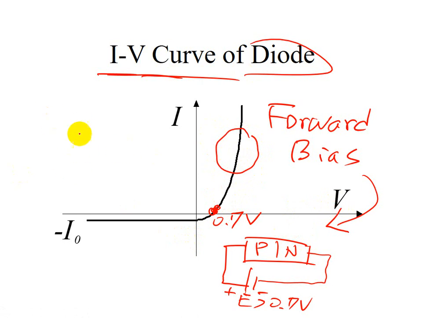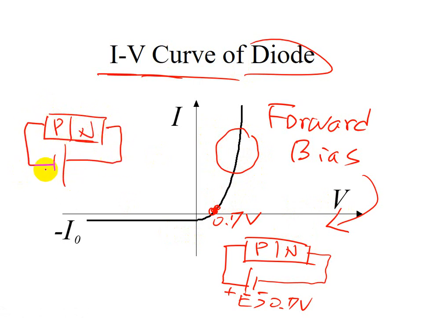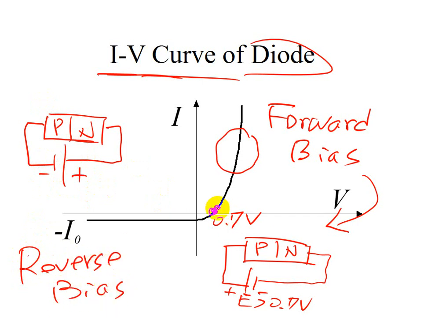But if you are in the reverse bias state, with this negative and this positive, you always form a reverse bias. No current comes through.